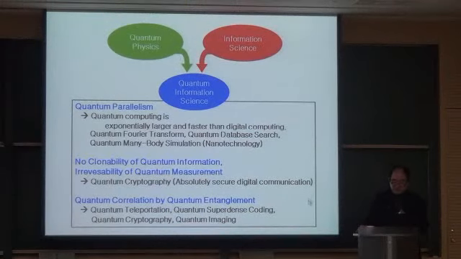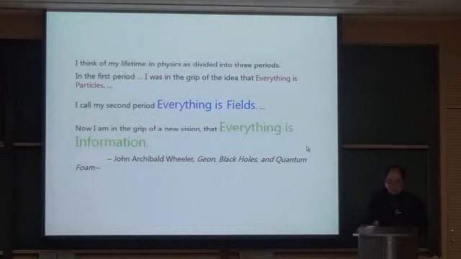So many interesting things. And also the famous physicist John Archibald Wheeler wrote his last book called Geons, Black Holes and Quantum Foam. He described his life in this manner: I think of my lifetime in physics as divided into 3 periods. In the first period, I was in the grip of the idea that everything is particles. That is the classical era.